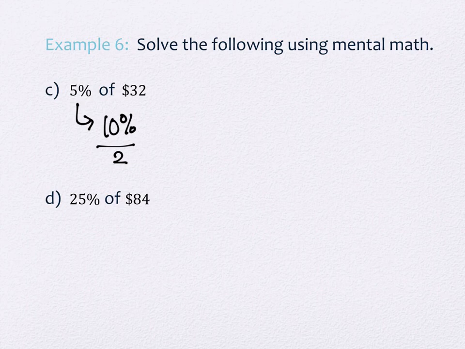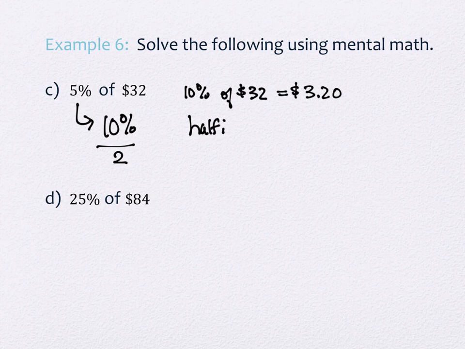So what is 10% of 320? What is 10% of 32? 320. I already said it. And then what would I do? I would half it. So what's 320 divided by 2?